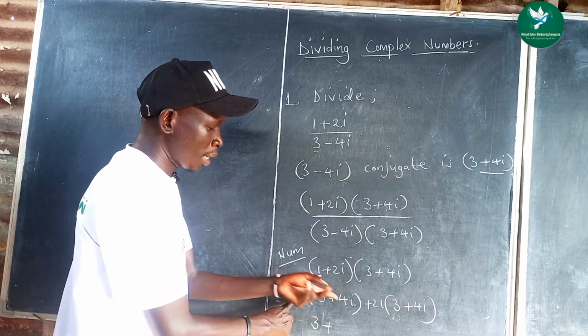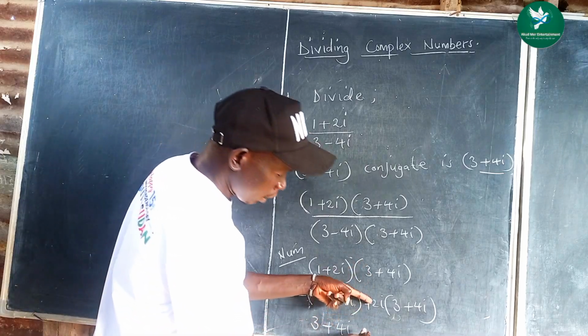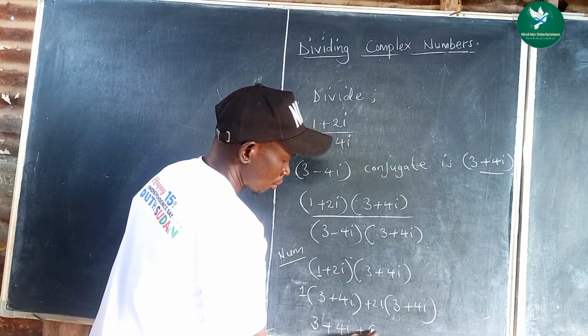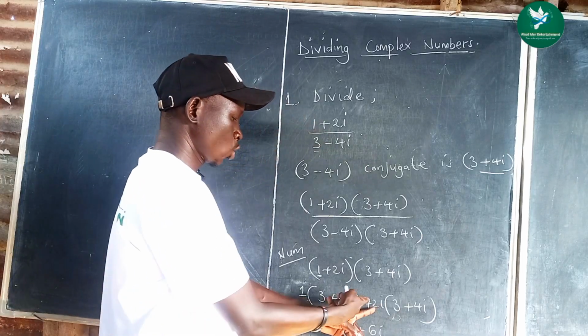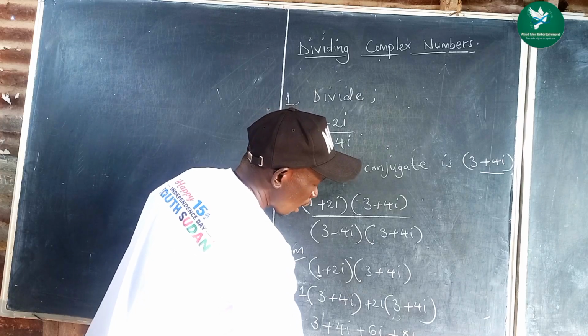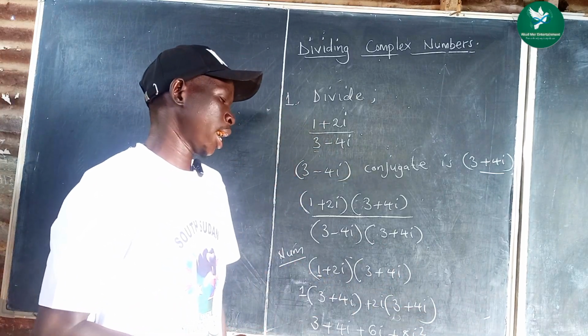Plus 1 multiplied by 4i, we get 4i. Then plus 2i multiplied by 3, we get 6i. But 2i multiplied by 4i, we get positive 8i squared, because i multiplied by i gives i squared.